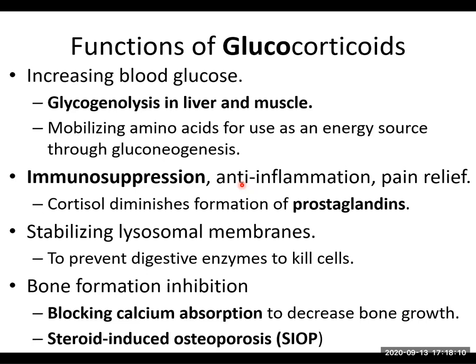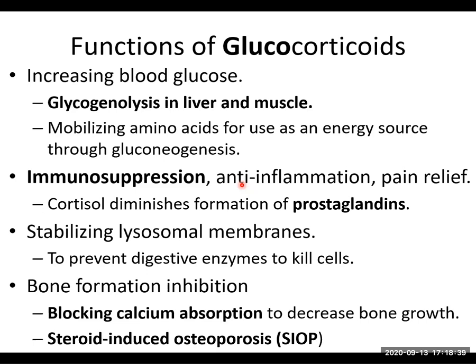Not like other cells, neuronal cells do not take up lipid well, so they don't use lipid as their fuel. They purely use glucose. So basically the glucocorticoids would make this glucose easily available for our brain to use.